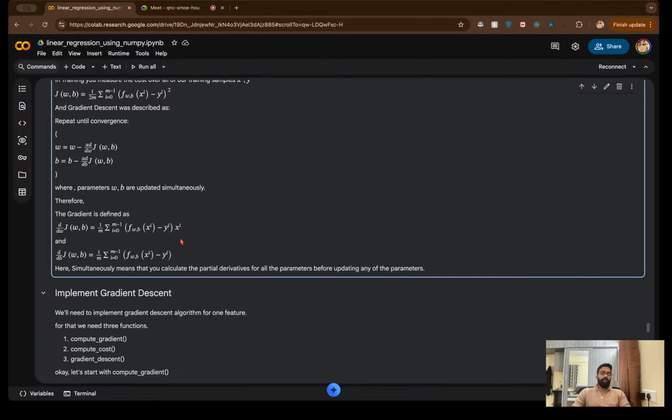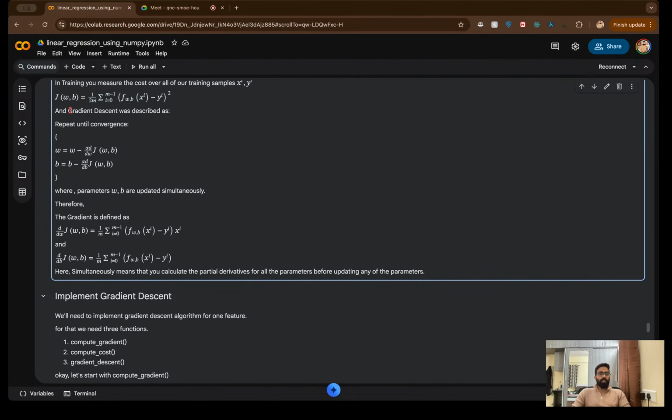There is some mathematical derivation behind it. We have the function J(w,b) like this. If we differentiate this function with respect to w, we will get this.